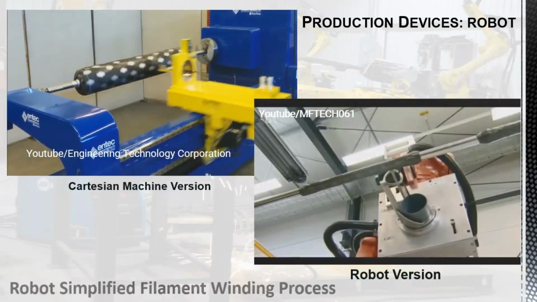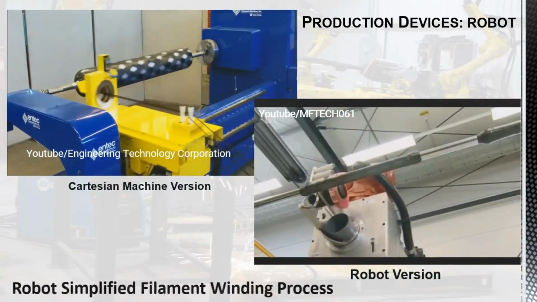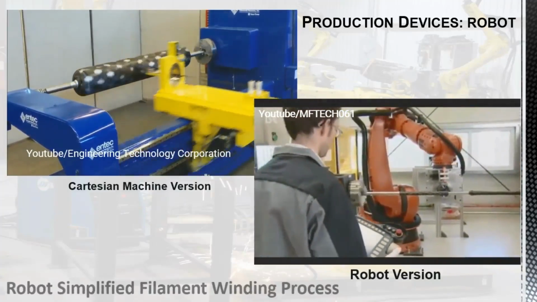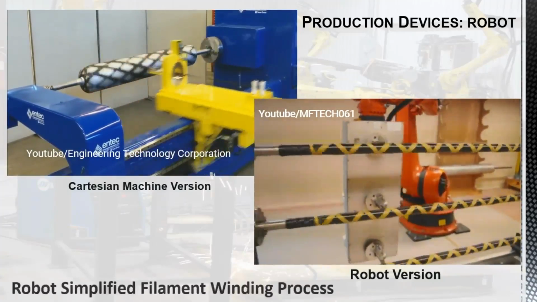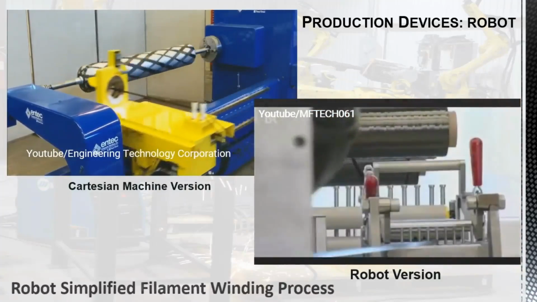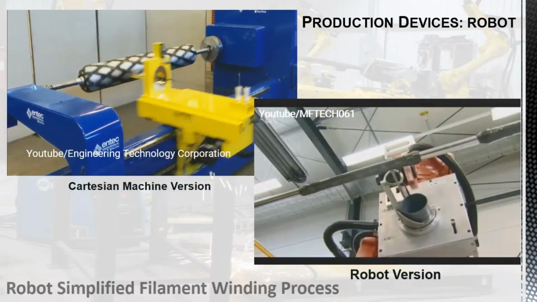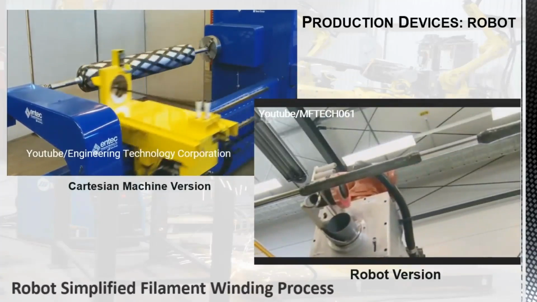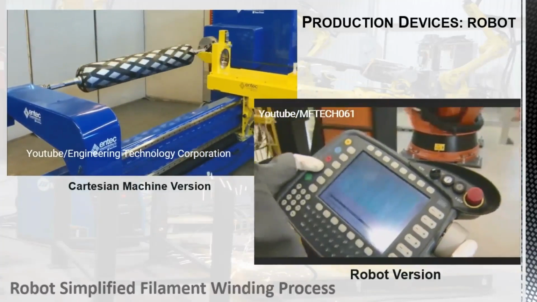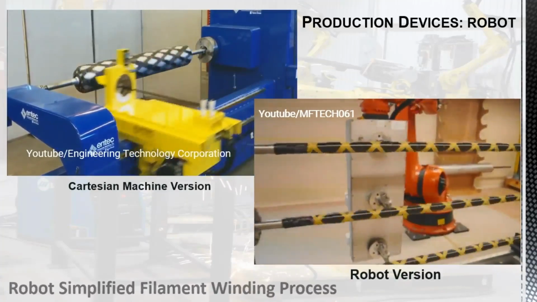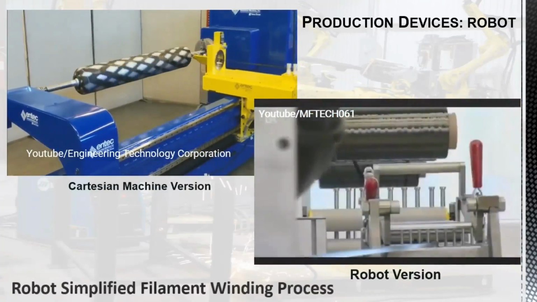With a robot system or robot unit, the setting is more flexible, and we can expand to more products by using robots, compared to the Cartesian machine that requires a bigger size.